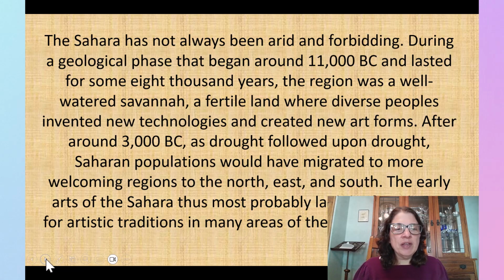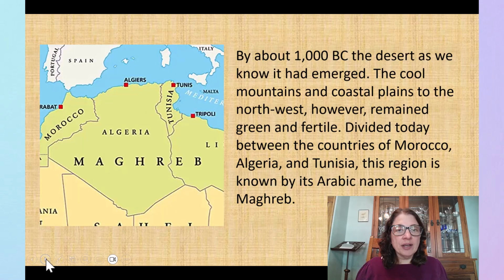But then after around 3000 BC, we start to have droughts, and the desert begins to emerge from these continuous droughts. This ends up pushing people out of this area. Some go to the north, south, east, west. But we know that the people were there mainly because of the artwork that we have found from this area.